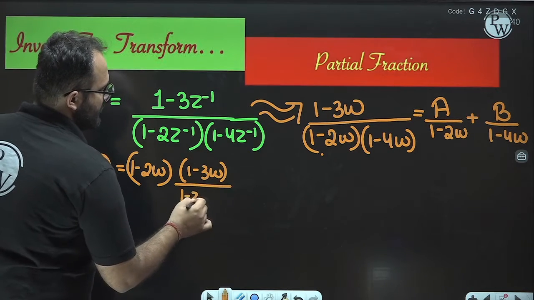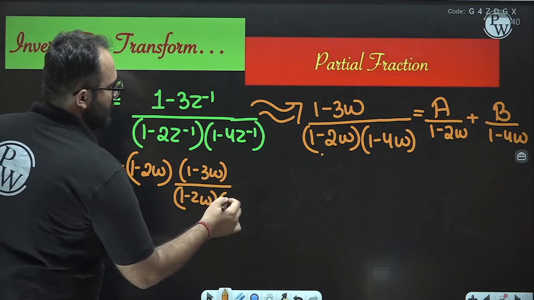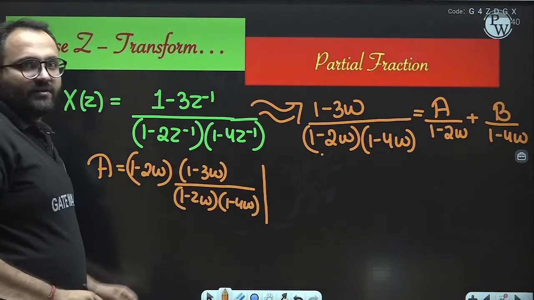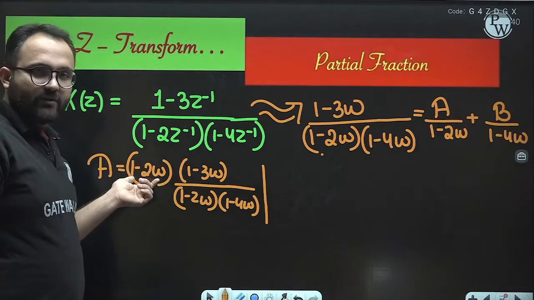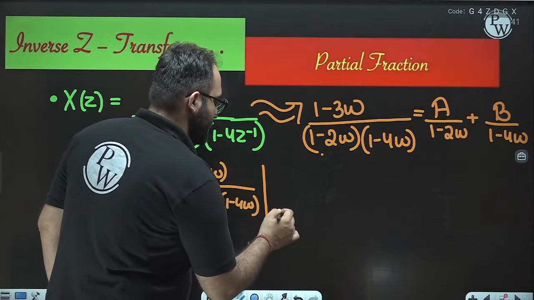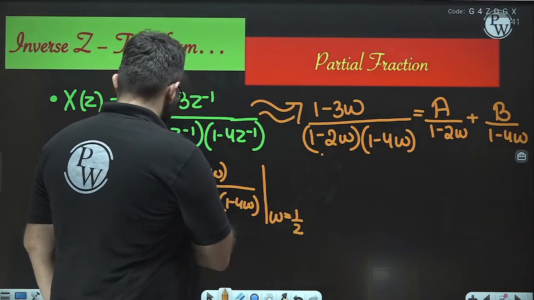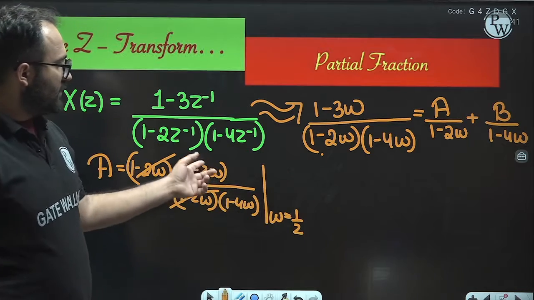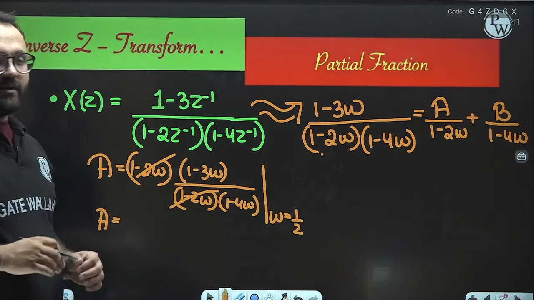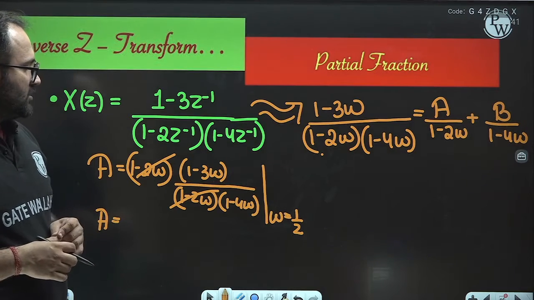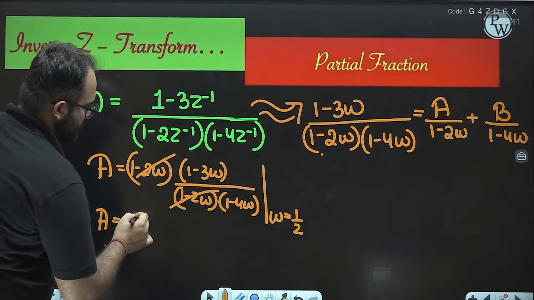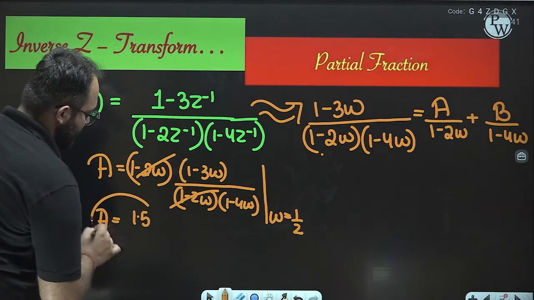We put this term equal to 0, which means w equal to 1 by 2. This and this will cancel out. If you put w equal to 1 by 2, we get 1 minus 3 by 2, that is minus 0.5, over 1 minus 2, that is minus 1. So we get a equal to 1.5.